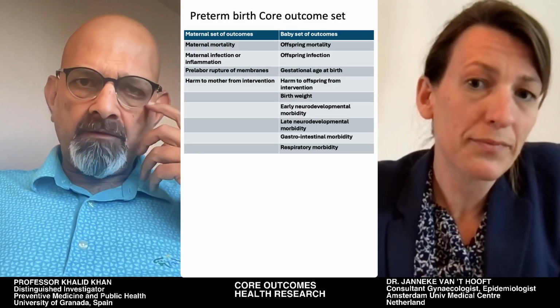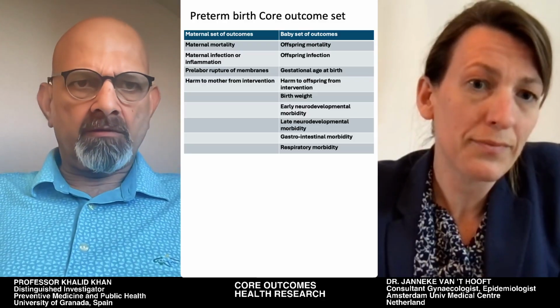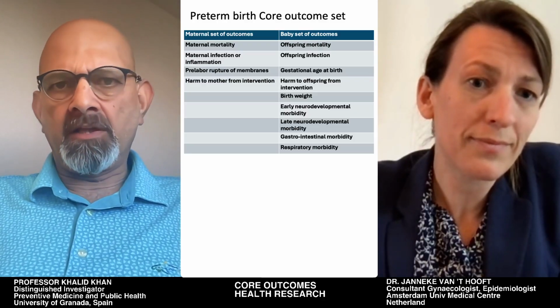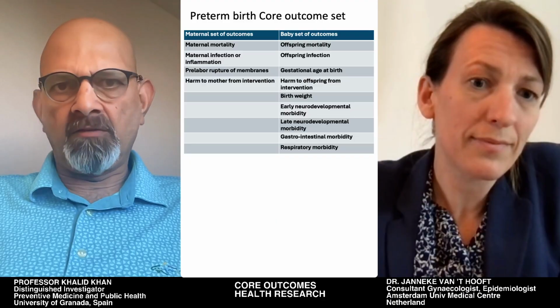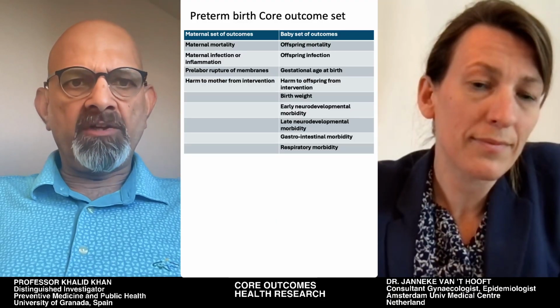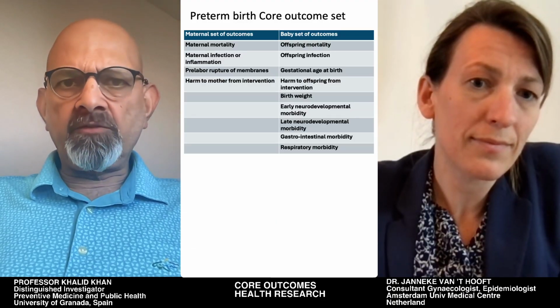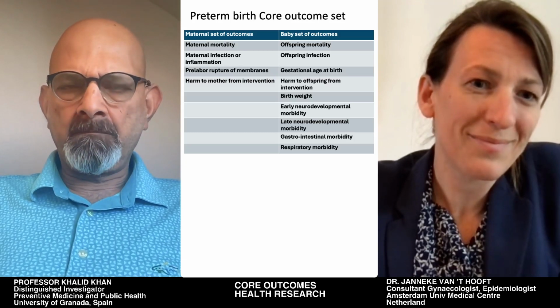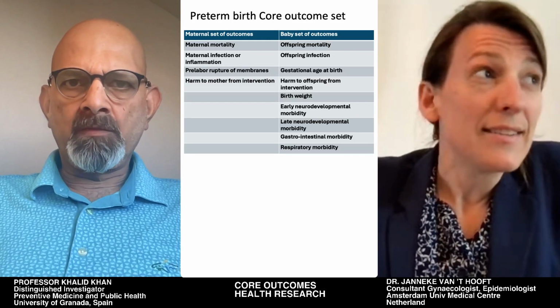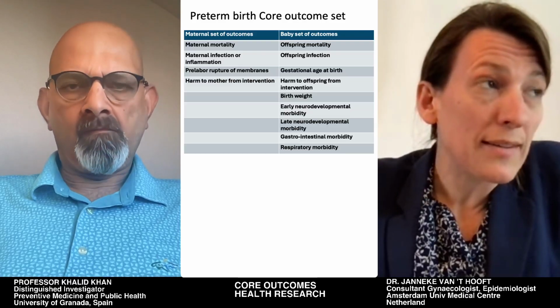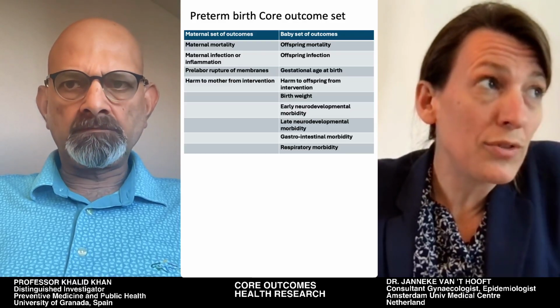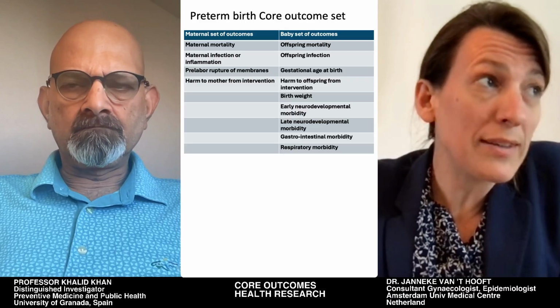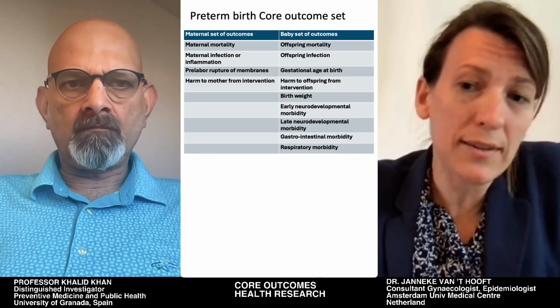I have a question as a researcher for you. Let's say I'm designing a study of an intervention for preterm birth, which of these should I use for calculating the sample size? So that is the idea of a core outcome set. You don't need to use one of these outcomes for your sample size calculation.